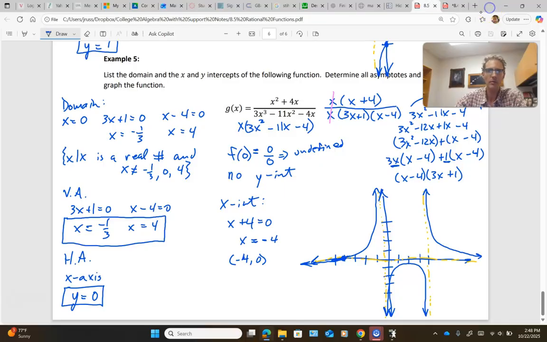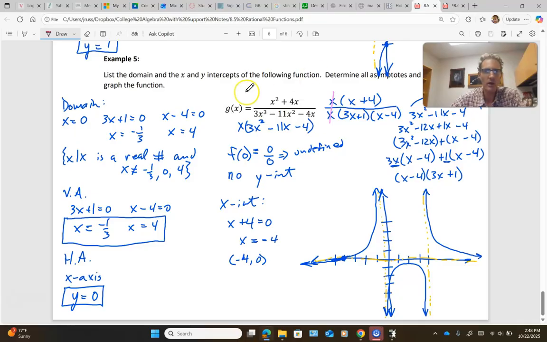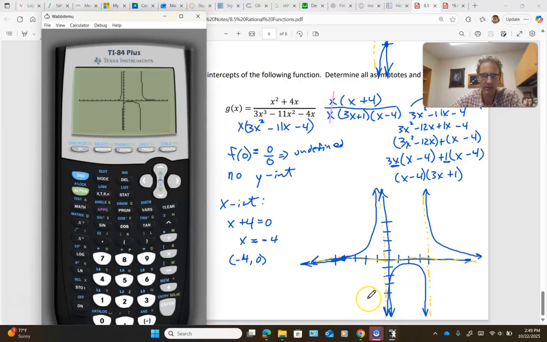Alright, now again I want to point something out to you. There was no vertical asymptote that corresponded to the exclusion 0. But you can see the way I drew this in, it looks like it's crossing the y-axis. Let's go to our graphing calculator here, and I'm going to zoom in.